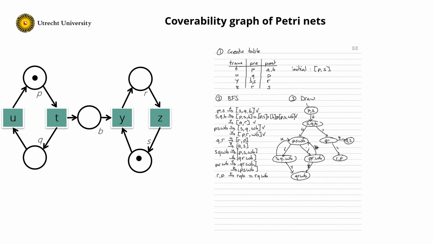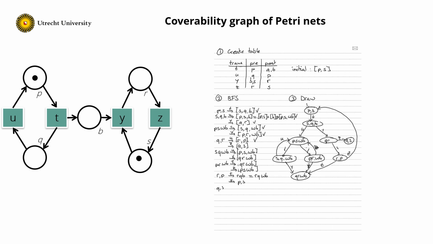So that is this arrow with a T. And I can do a Z. And that gives me marking PS, which is the initial marking. And it was with Z. Now I'm in QS.